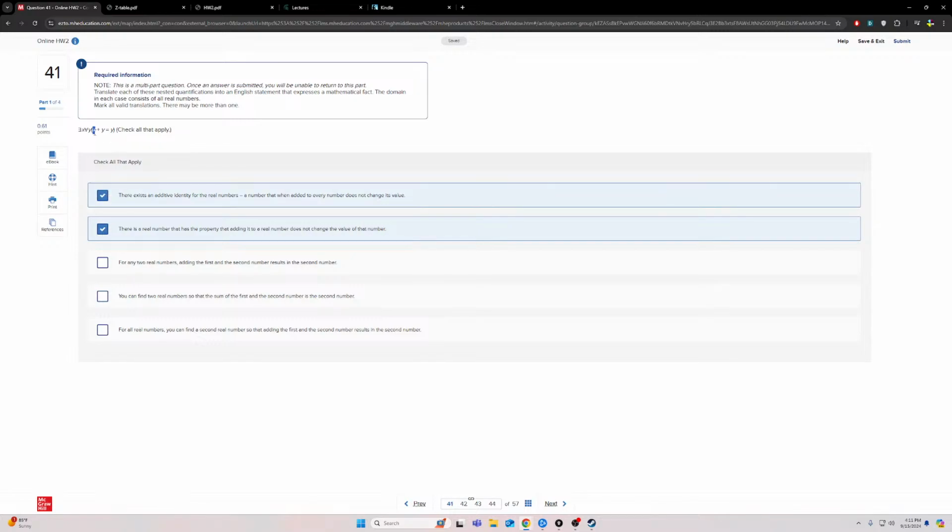There exists a value for real numbers, or a number that, when added to every number, for any, no. For all, no. You can find two real numbers.